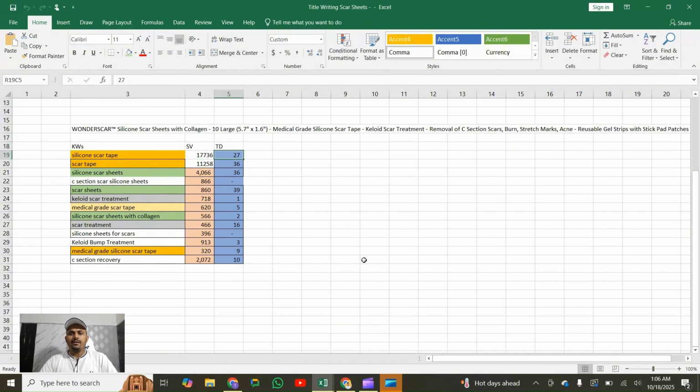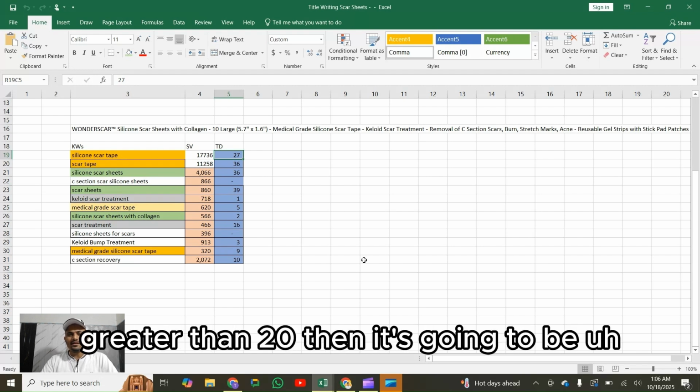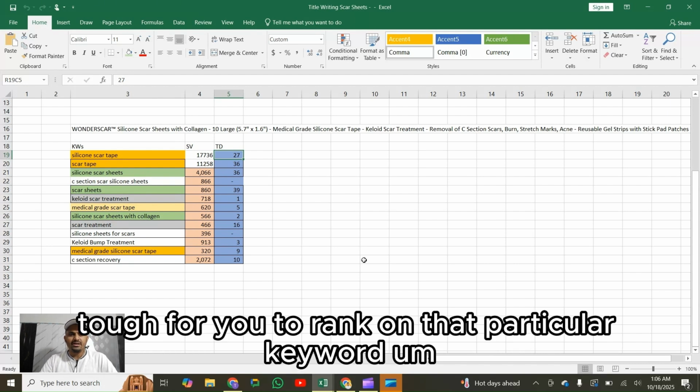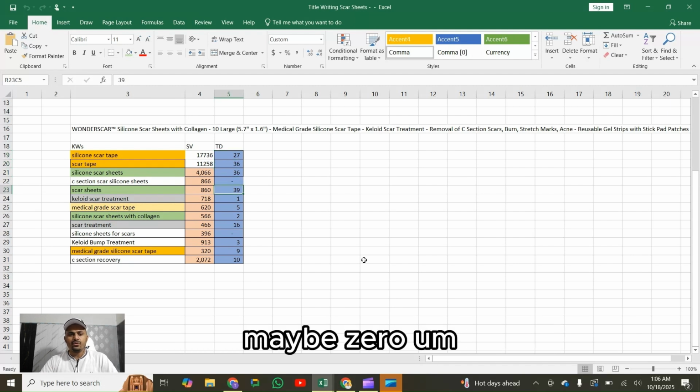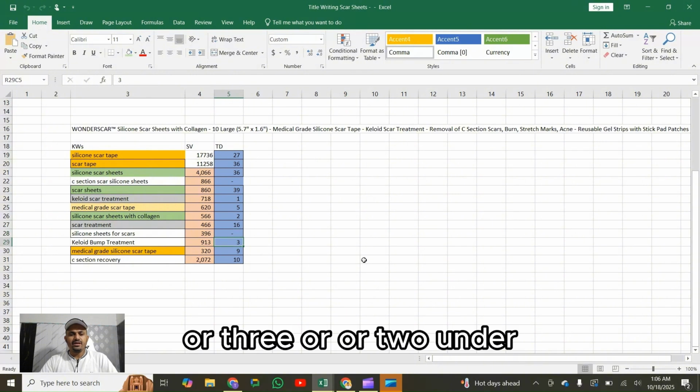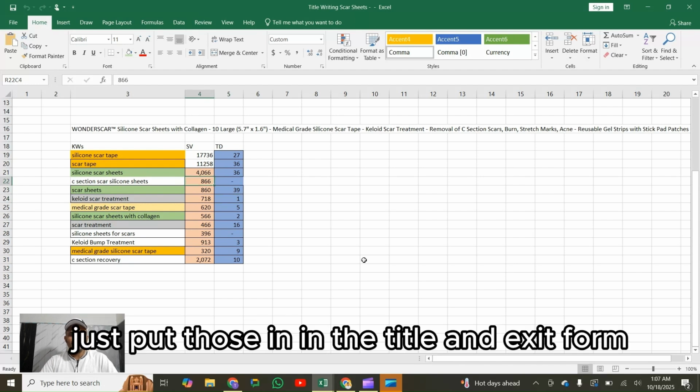If the title density is on the higher side, greater than 10 or greater than 20, then it's going to be tough for you to rank on that particular keyword. Similarly, with lesser title density, maybe 0 or 2 or 3, under 5, it's going to be easy for you to rank on those keywords. Just put those in the title in exact form.